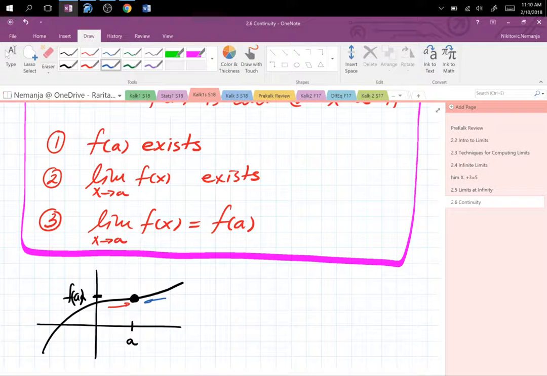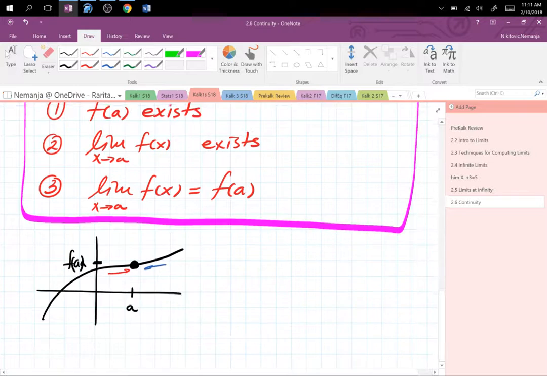So the first one is just the black point. The second one is that you have to be approaching that point walking on a line from left or right, or both, it's okay. And finally, the third requirement is that those two have to be the same, so the limit and the point of interest have to be the same.